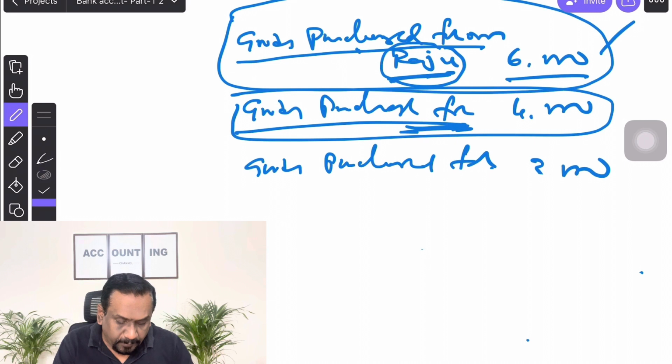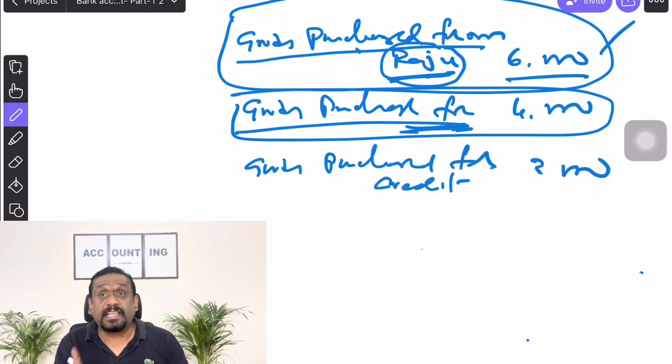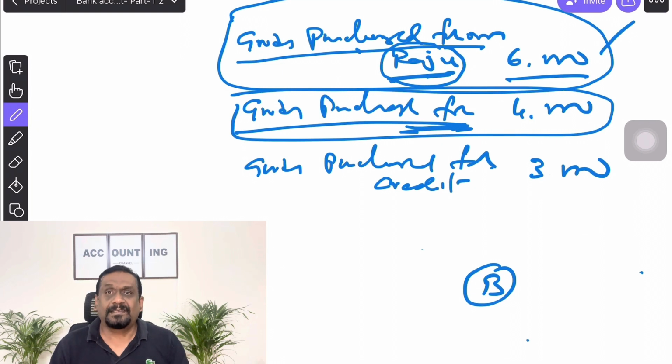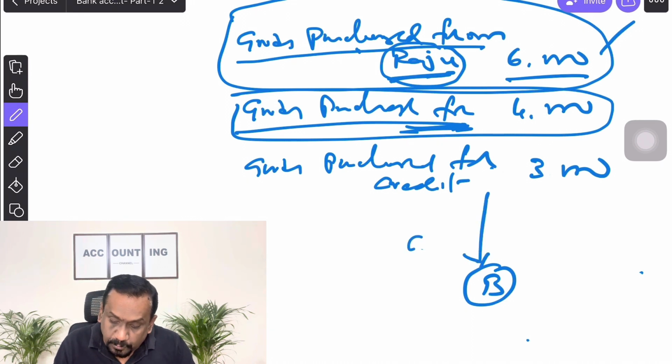Goods purchased for credit. Here in this transaction they clearly mentioned goods purchased for credit 3,000. But the question here is, when we purchase the goods for credit, from whom? Did they mention about the name? In case if they don't mention the name, you can use creditors, suppliers. For examination purpose I am saying, supplier. So what comes in when we purchase goods?